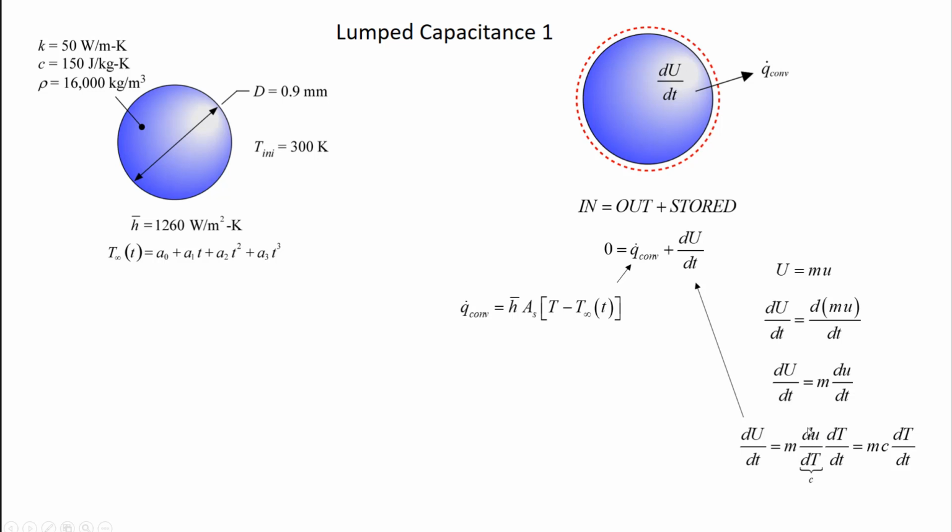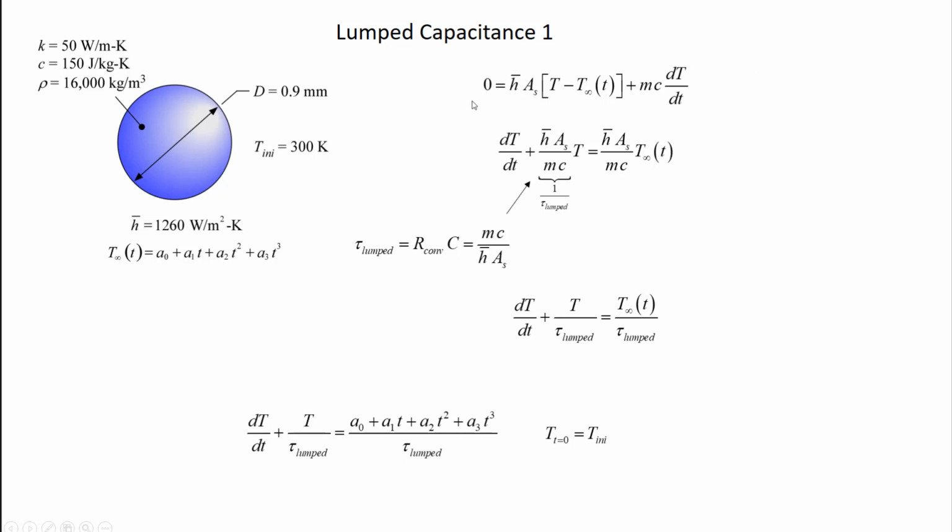And du/dT, that is the definition of the specific heat capacity for an incompressible object. So dU/dt, where U is big U, is mass times the specific heat capacity times dT/dt. This mass times specific heat capacity is the total capacitance of the object. All right, so we make this substitution, we make that substitution, we get this equation here.